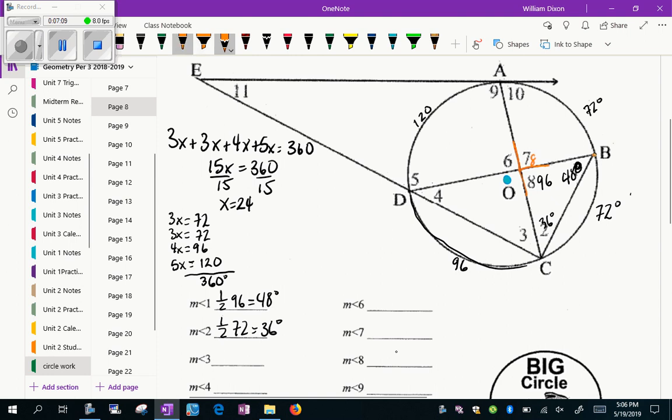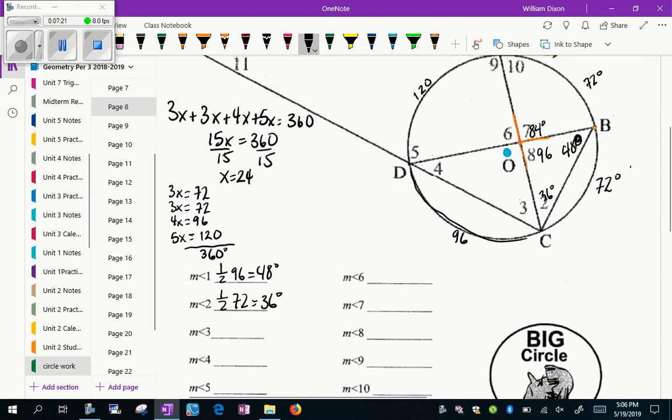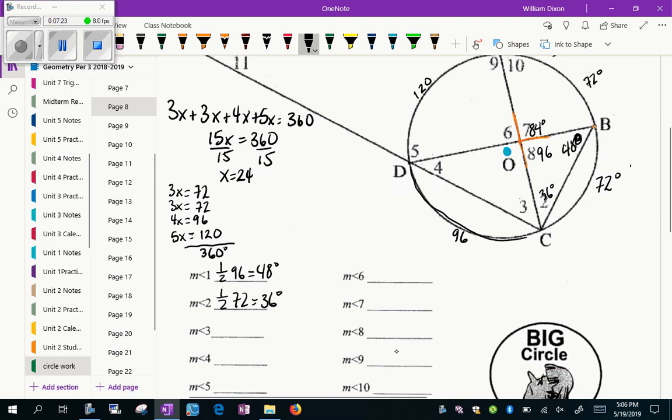Let me write them all in black. So that's 84 degrees. So angle 7, I should fill in for 84 degrees. Angle 8, I should fill in for 96 degrees.